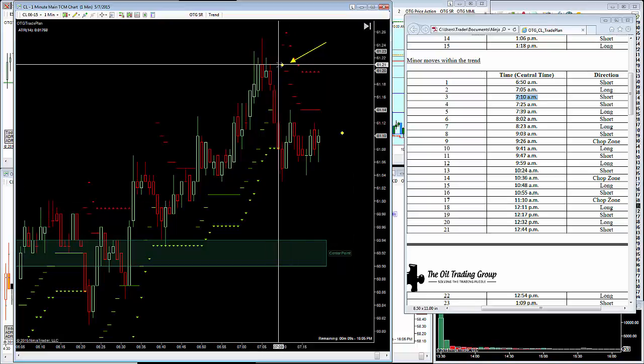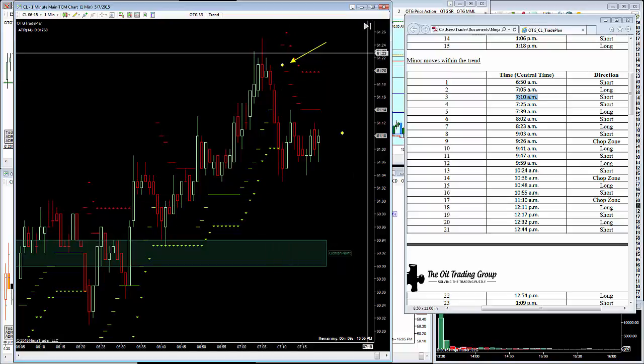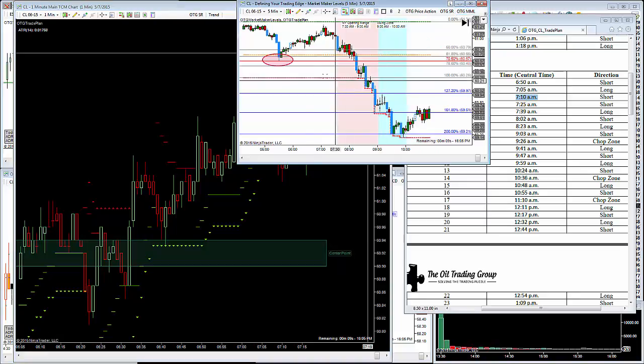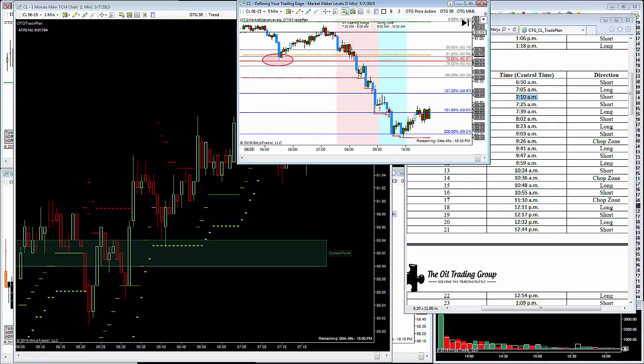You can see right here at 7:10, the market went from this 70.5 that we had identified up here, from 60.57 all the way to 61.25. So a very large number of ticks right there off of that 70.5.